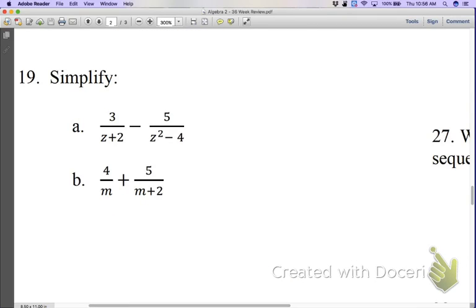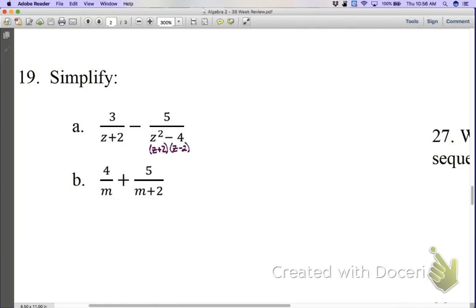All right, so with 19a, for us to add or subtract, we have to have a common denominator. So let's figure out what our denominator is. It's just z plus 2 on the one on the left. The one on the right is actually z plus 2, z minus 2.